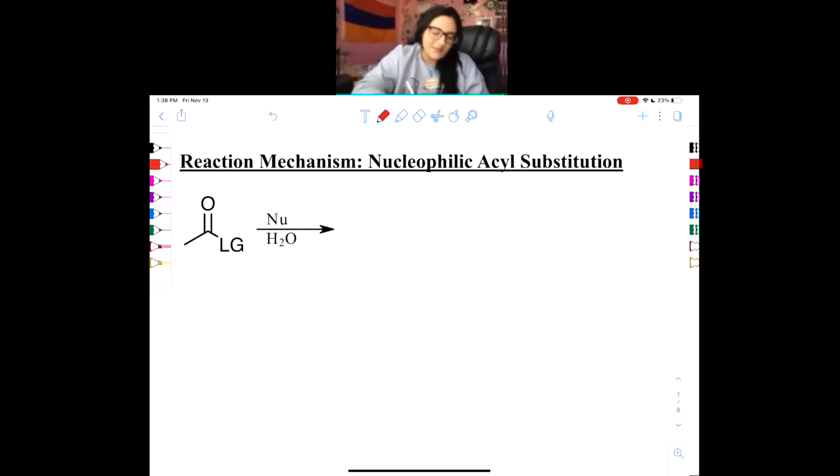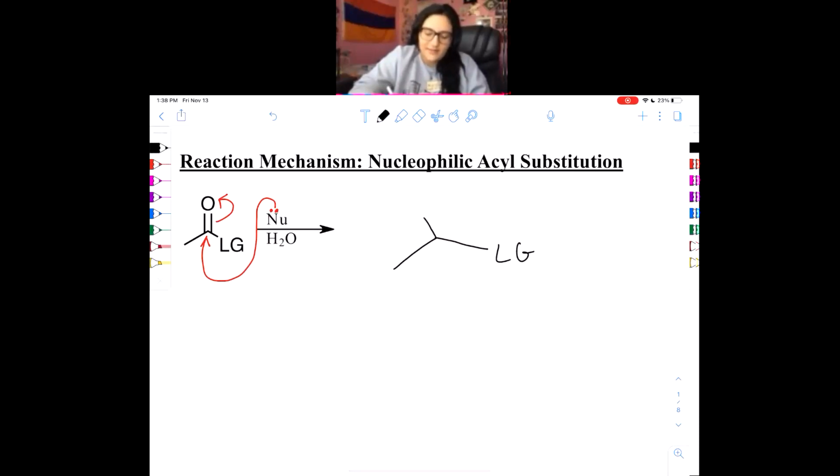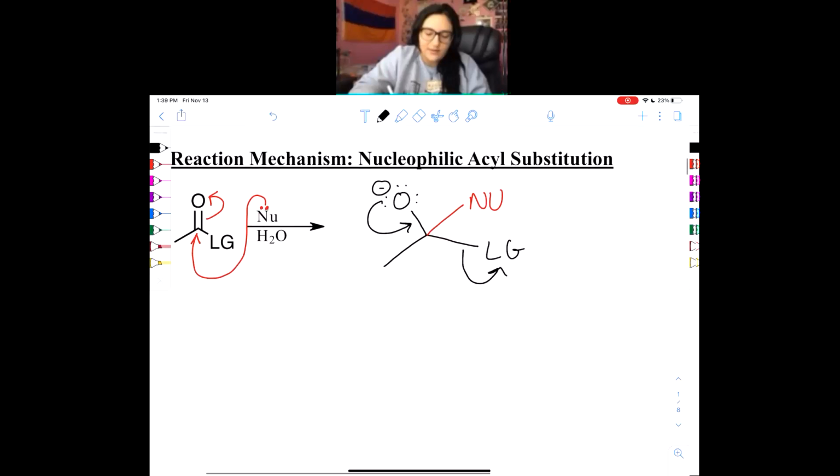So essentially what's going to happen in a nucleophilic substitution is the nucleophile will attack and kick up these electrons. For our intermediate, we're going to have something that looks like so, plus our nucleophile. And then we are going to reform our double bond and kick off our leaving group.